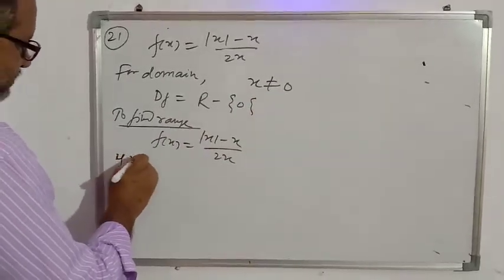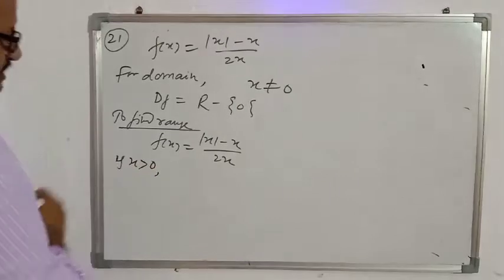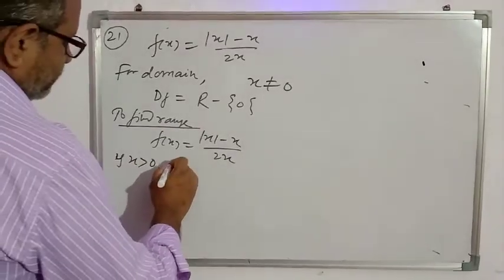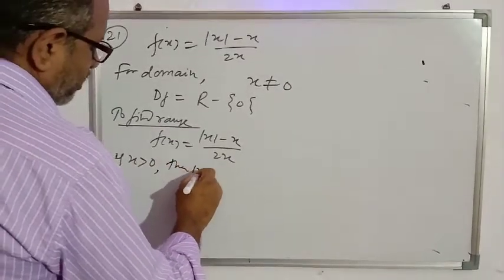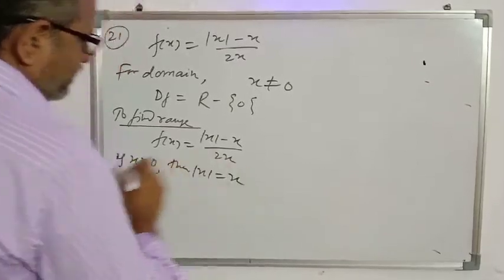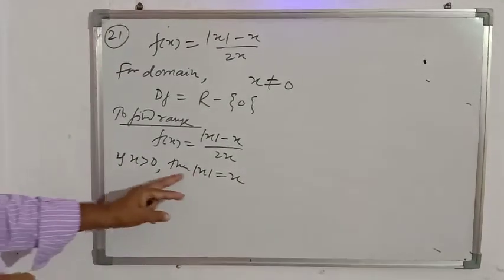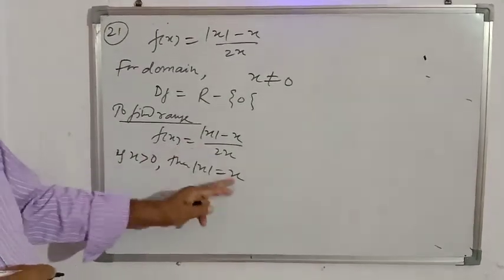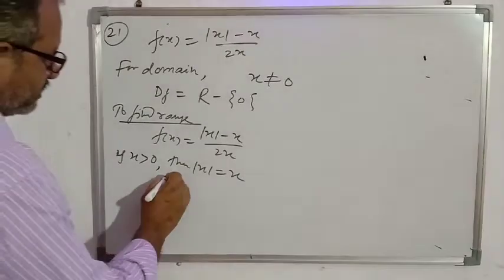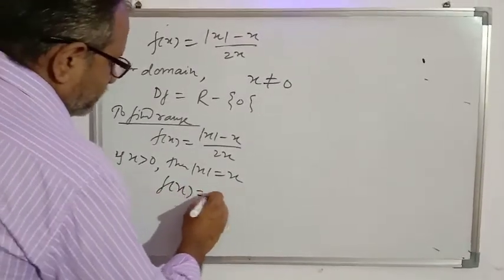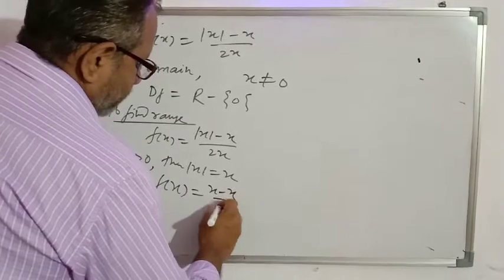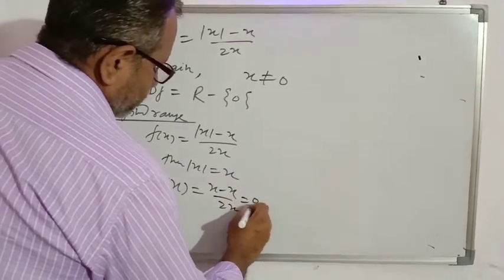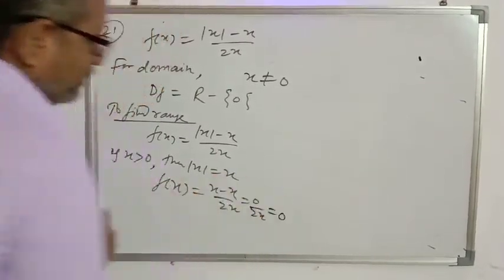So if x is greater than 0, then mod of x will be equal to x. If x is positive, then mod of x we write x. So what will be f(x)? x minus x upon 2x, 0 upon 2x. So it will be 0.